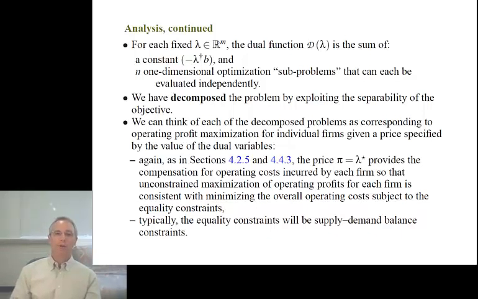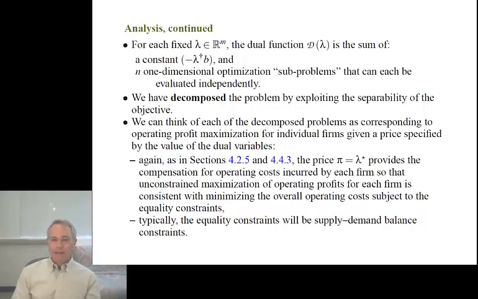So for each fixed lambda, the dual function is the sum of a constant term in lambda and a bunch of one-dimensional optimization subproblems, in particular n subproblems, and they can each be solved independently. We say that we've decomposed the problem by exploiting the separability. And, by the way, each of those decomposed problems corresponds to maximizing the operating profit for the individual firms.